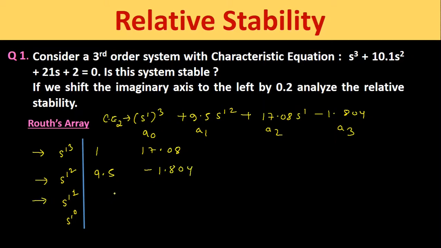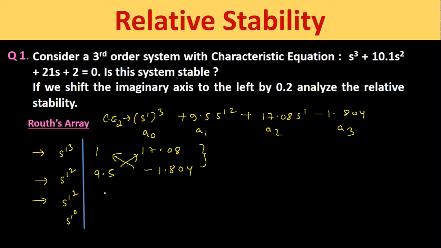To find out the first term of this S dash to the power 1 row, we have to take this S dash to the power 3 row and S dash to the power 2 row. So first term in this row will be 9.5 into 17.08 minus 1.804 into 1 divided by 9.5.